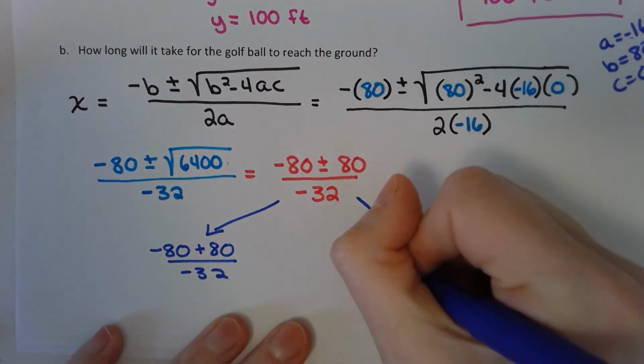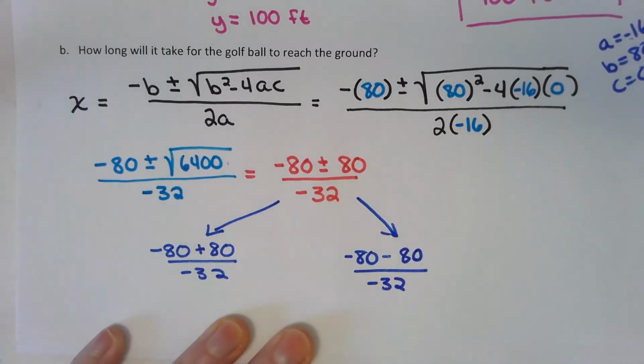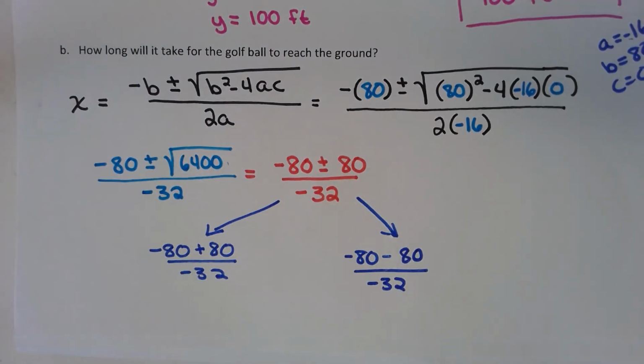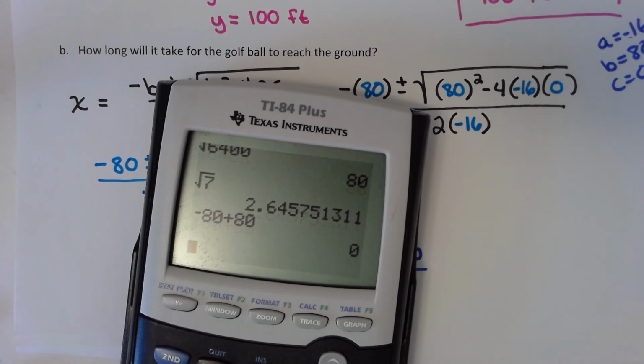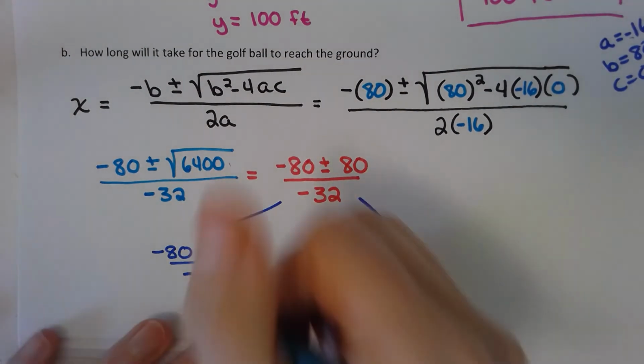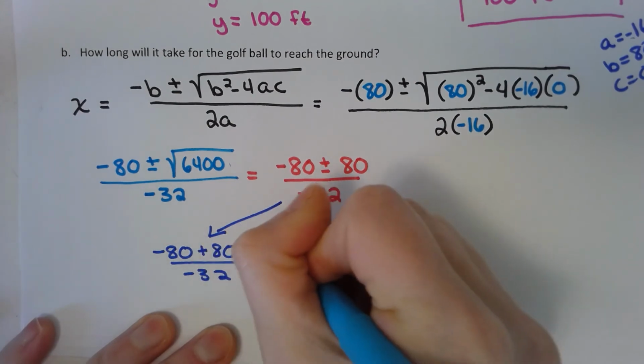This time we're doing minus 80, divided by negative 32. So if I'm going to simplify this right here, on the top row, I have negative 80 plus 80, which is 0. So what I've got is 0 over negative 32, which is just 0.